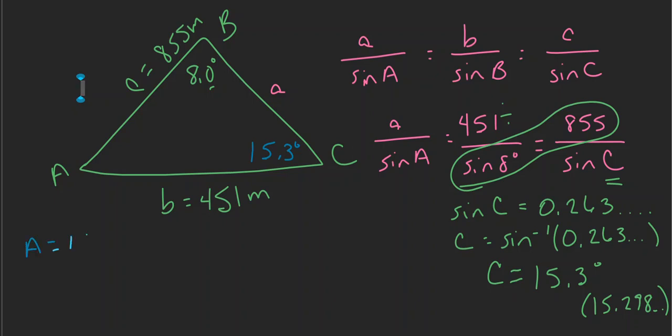Since I know angle C, I can find angle A. A is 180 minus 8 minus 15.3. That's just another way of writing it compared to what I wrote up above, but it works the same. So angle A is 156.7.